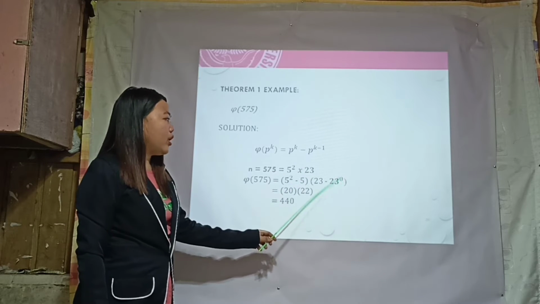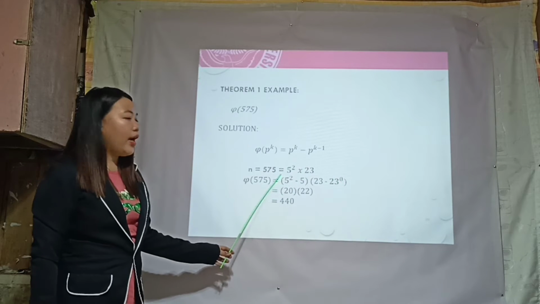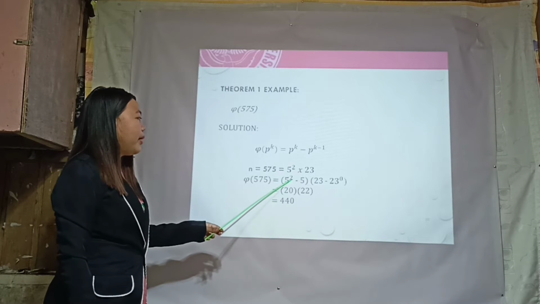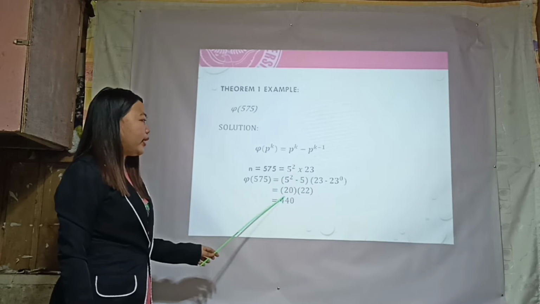Therefore, 5 times 5 is equal to 25 minus 5 is equal to 20.